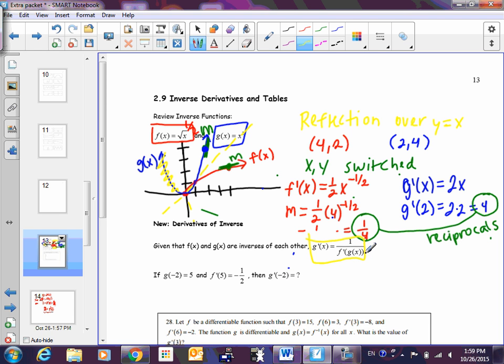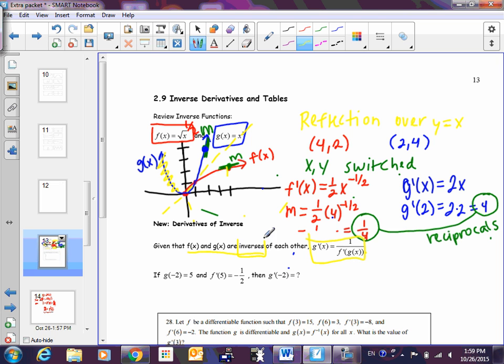Today, I don't really want you to worry about memorizing it. That is going to come, because you don't get a formula chart on the AP test. Anything you're expected to know, you just have to know. So we're just going to work on applying this formula. This only works if f and g are inverses. So when we do these problems, there has to be something in the problem that tells you that f and g are inverses.